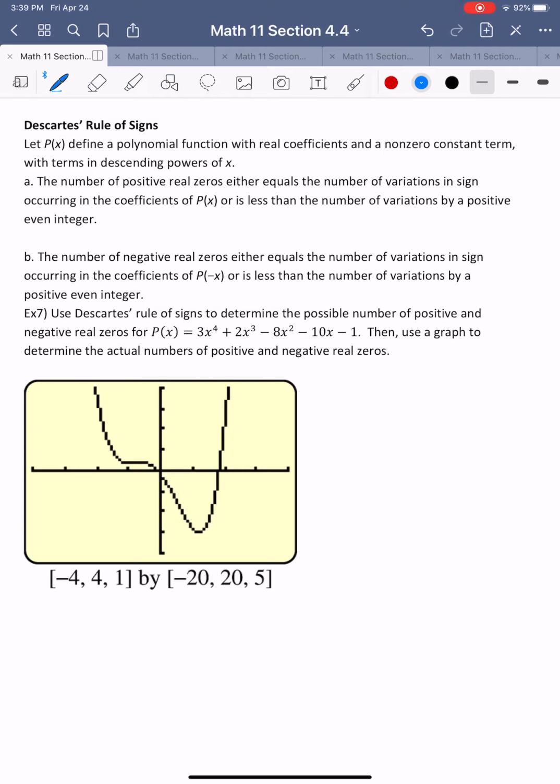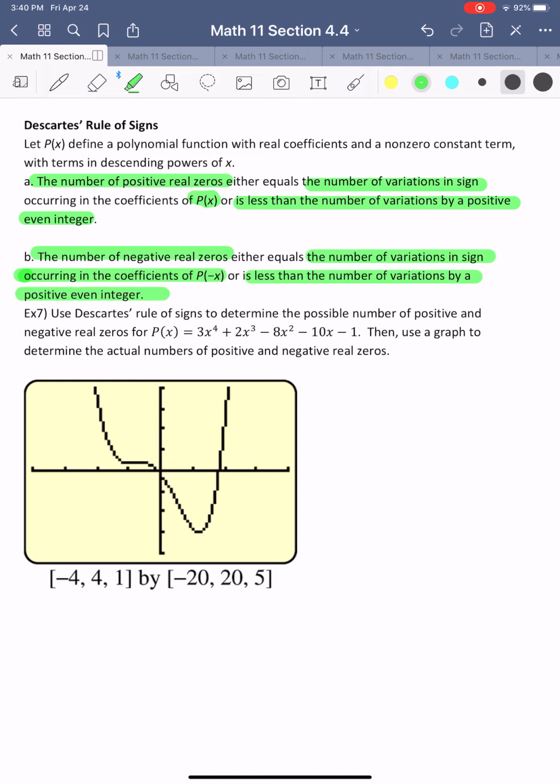The number of positive real zeros will be equal to the number of variations in sign of the coefficients of p of x, or less than that by a positive even integer. And to get the number of negative real zeros, it could be equal to the number of variations in sign occurring in p of negative x, or less than that number by a positive even integer.